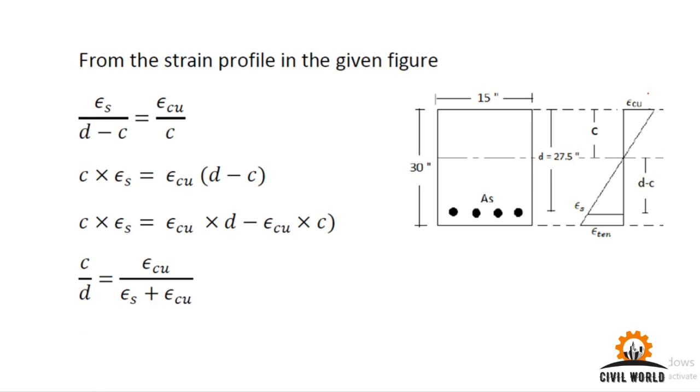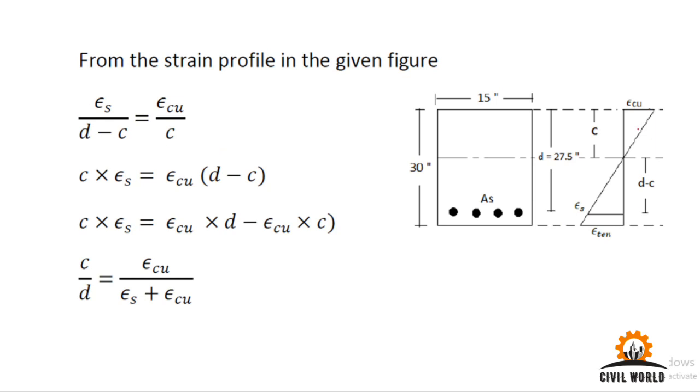We have a strain of epsilon cu in concrete, which is the ultimate strain. We have some strain in steel, which is actually epsilon y at failure, but for now we take it as epsilon s, which is strain in steel.